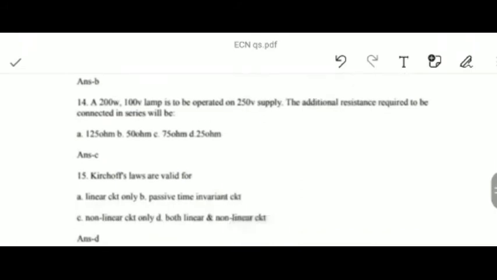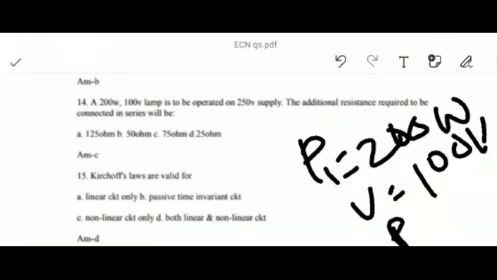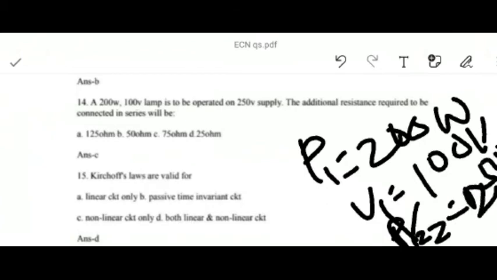Now in the 14th question, a 200 watt 100 volt lamp is to be operated on a 250 volt supply. The additional resistance required to be connected in series will be. Here it is saying that P equals 200 watt, V equals 100 volt, P1 is given, P2 when it is operated, this is V1, and when it is operated on a 250 volt supply, what is the additional resistance in series.